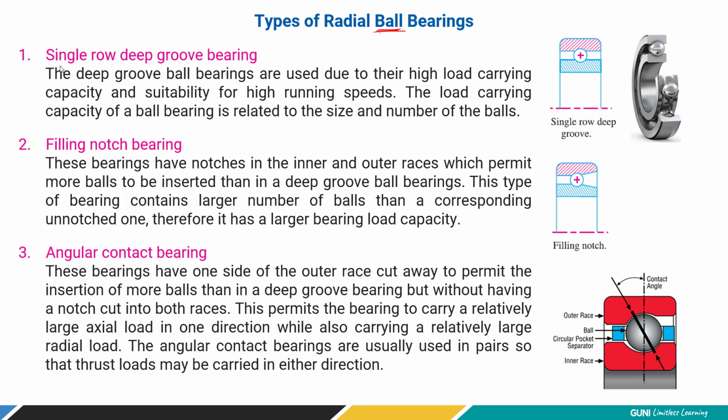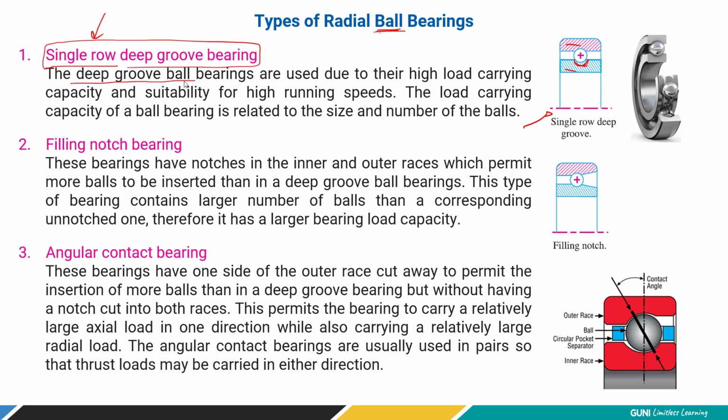So first is the single row deep groove bearing. Single row, very simple. There is only one row of rolling elements, or simply balls. Deep groove, what does it mean? It is the groove in which they are sitting in the inner race and the outer race. Now this is the simple figure of the single row deep groove bearing.